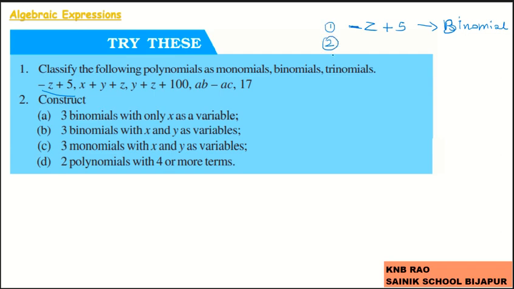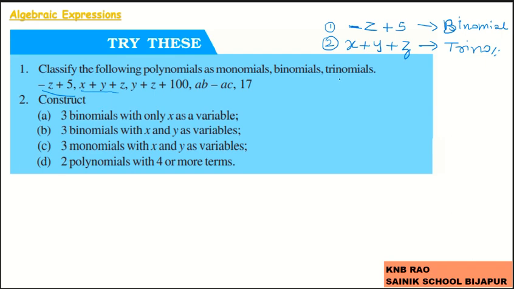In the second one, x plus y plus z, it has three terms: x is one term, y is the second term, and z is the third term. So based on that we say it is a trinomial.